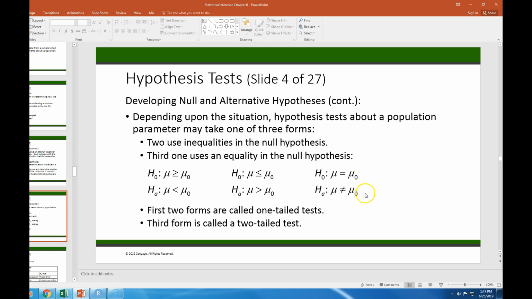So instead, we open the possibility of it being either higher or lower. So the alternate can be true even when the value of mu is not close to this hypothesized value of mu naught. Hence, the rejection region ends up being on both the tails of the distribution.